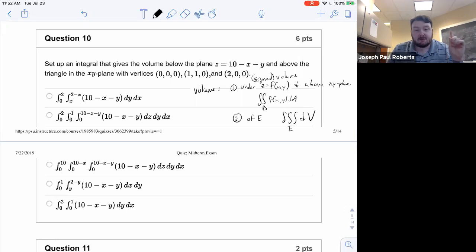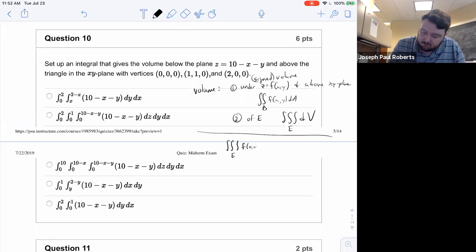So if I'm asking you to do a volume, you should either be setting up a double integral where the integrand is the surface equation, z equals f, or you're doing a boring triple integral. Whereas if I'm doing a triple integral, if you're thinking about it as a volume, it's actually four-dimensional volume, which we don't want to do.